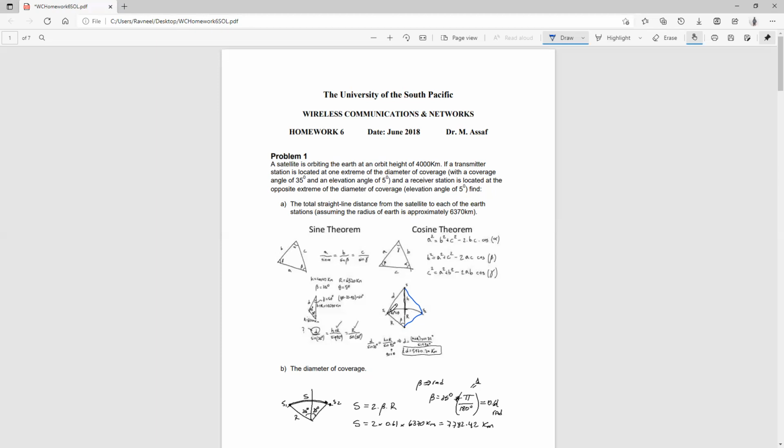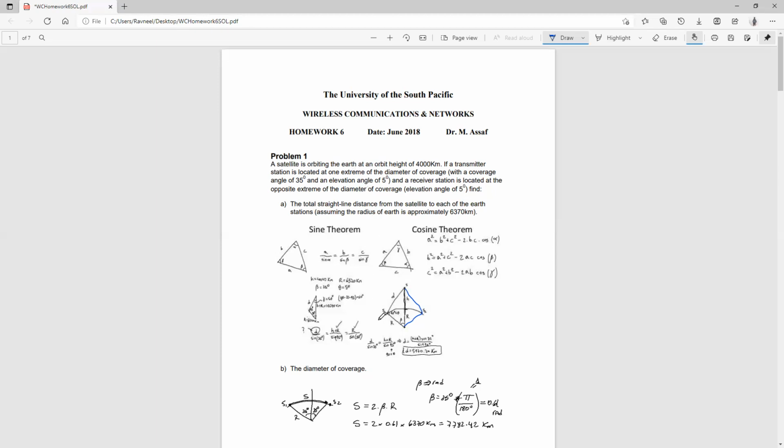The angle of elevation is actually measured from the horizon, isn't it? Since Earth is a round surface, the horizon will basically be the tangent to the Earth's surface, right?